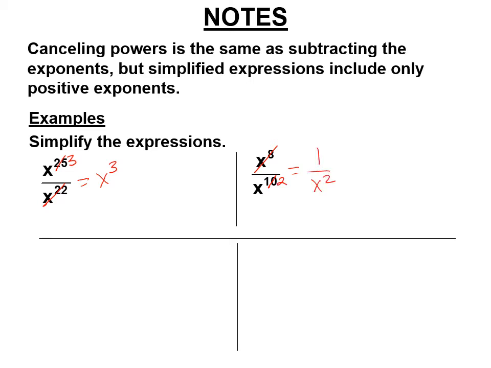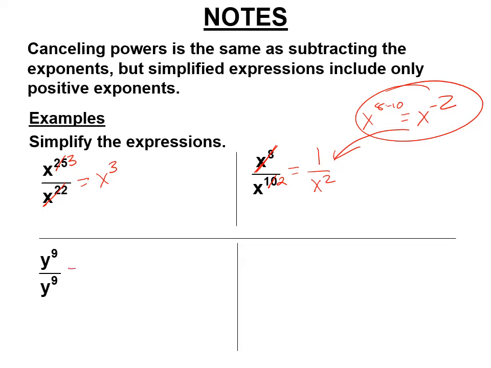But what is happening there is we are subtracting the top minus the bottom, which is x to the negative second. The problem is you can only have positive exponents in your answer. So doing the subtraction the way I showed up here really doesn't turn out to be the best way. Better to cancel than subtract, realizing that the x squared is in the denominator.